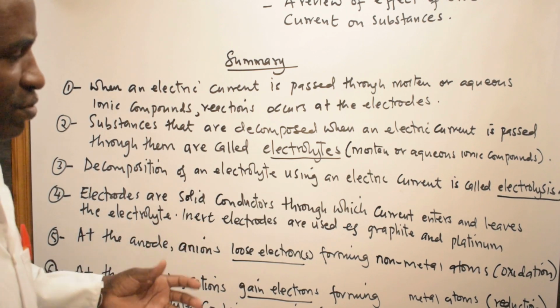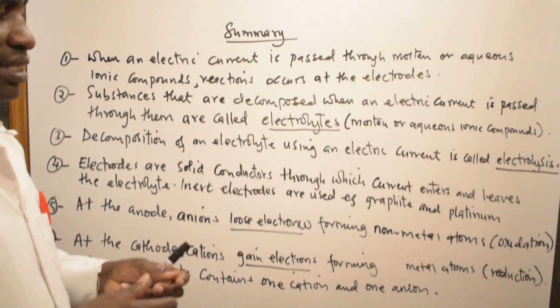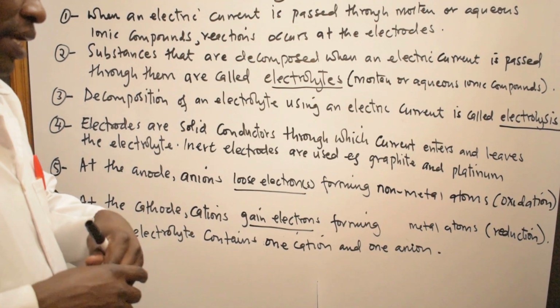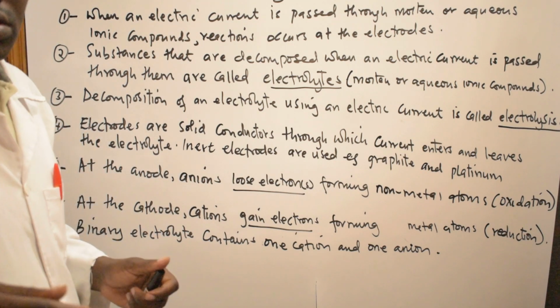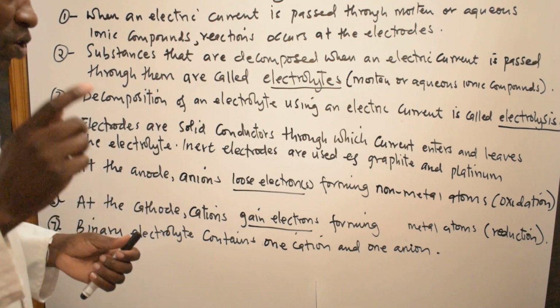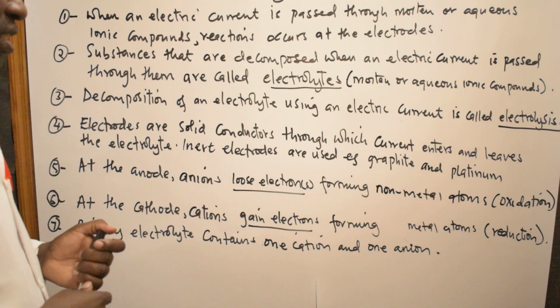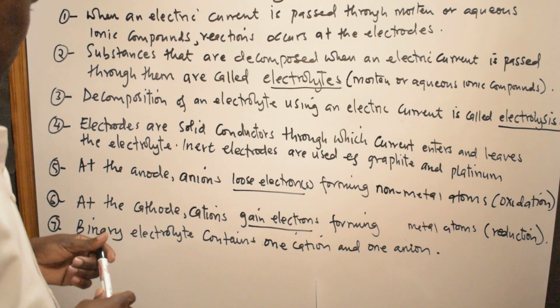The implication of using reactive electrodes is that a reaction may happen, or those electrodes may be losing electrons at the anode because they have a higher tendency of losing electrons. We are going to view this in our further discussion on electrolysis.